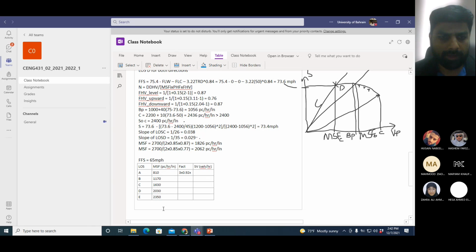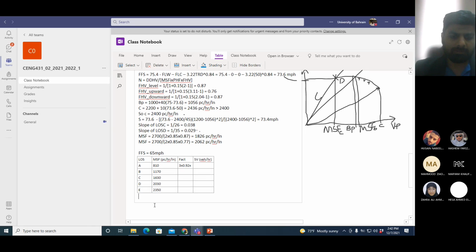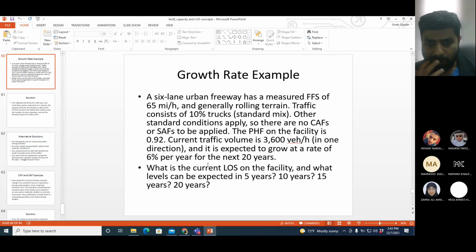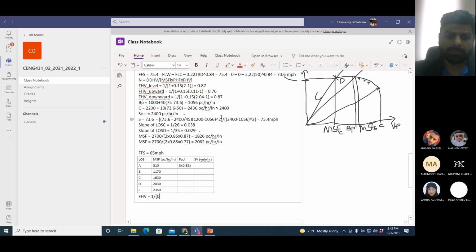Let us calculate FHV here. It's for rolling terrain. So 1 divided by, what is the percentage here? 10%.